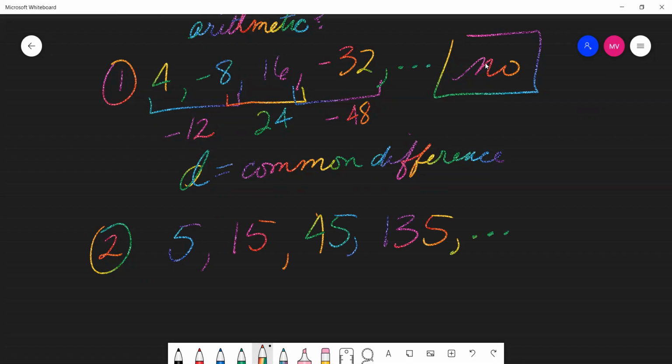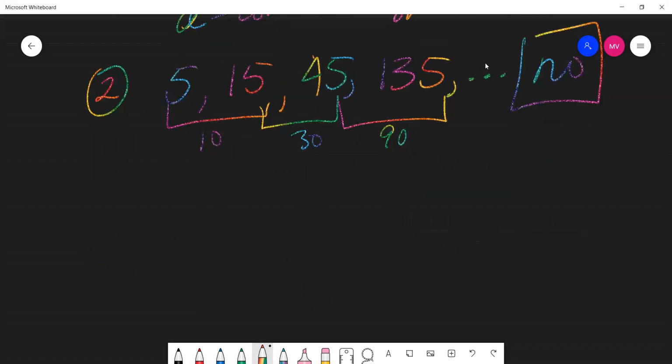It's not. You can see very quickly because the difference between 5 and 15 is 10, but then you jump to a 30 difference, and then you jump to a 90 difference. So again, we may have a pattern here, but it is not an arithmetic sequence. That one's a no.